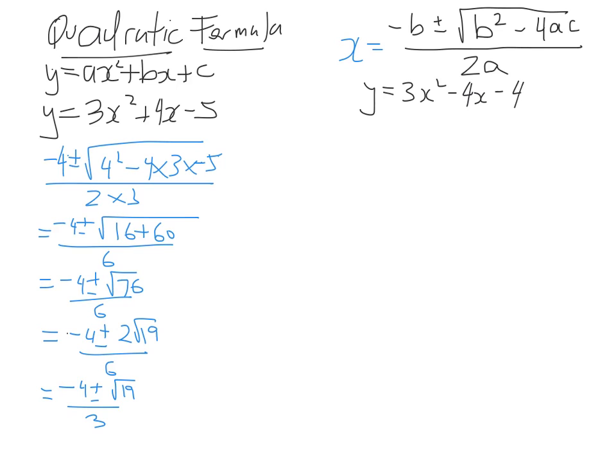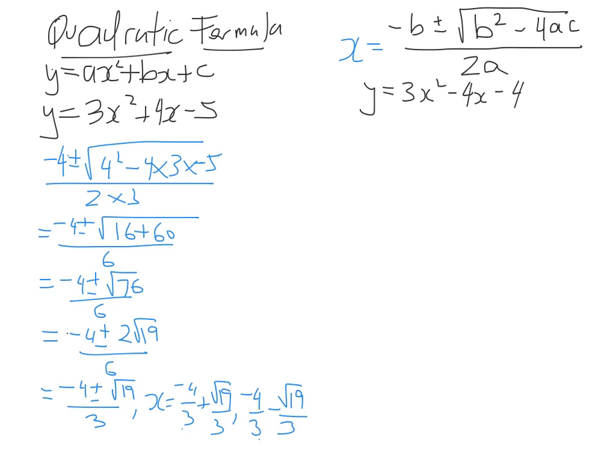So it tells us that x equals negative 4 over 3 plus square root of 19 over 3, or x equals negative 4 over 3 minus the square root of 19 over 3. So these are our two x-intercepts, the x values for our two x-intercepts.